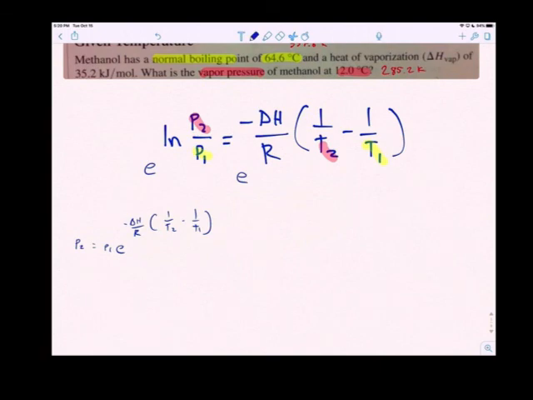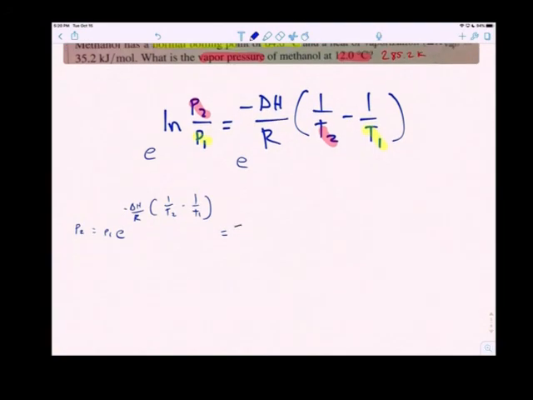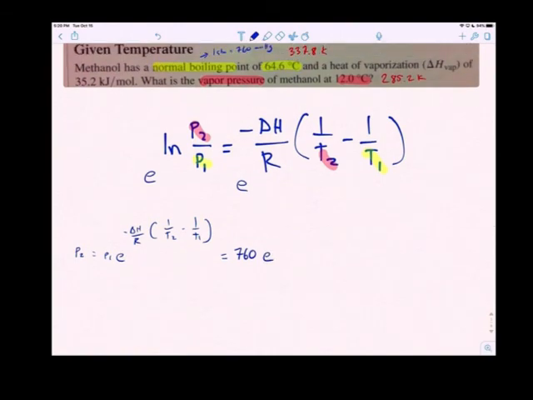Then you put in, I like to do the algebra first, then you put in the numbers. So P1, normal vapor pressure, normal boiling point, I should say, this is 1 atmosphere, which is 760 millimeters of mercury. So it's going to be 760 e to the minus delta H. So delta H is 35.2 kilojoules; I'm going to go ahead and put this in joules because I always mess this up on my calculator.